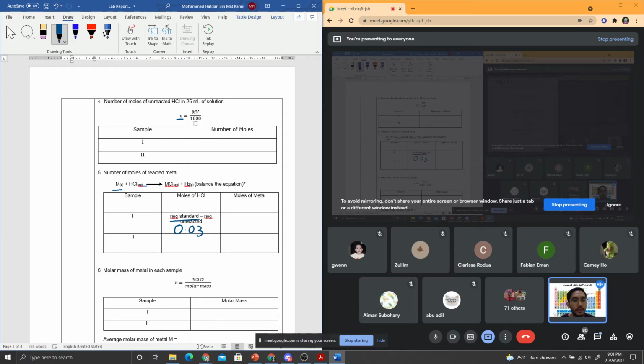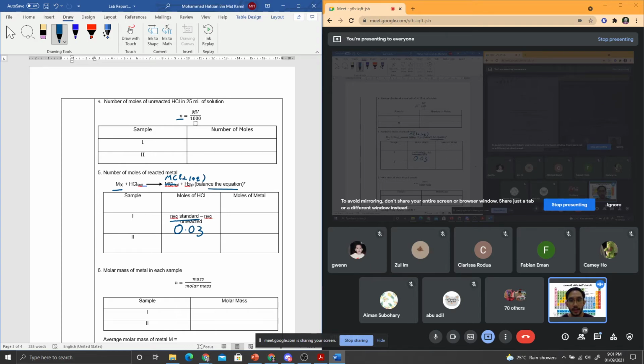Use stoichiometric comparison. So this one, sorry can you guys betulkan this one? Salah actually, it is MCl2 aqueous. Okay, tolong betulkan MCl2 aqueous. Okay, balancekan the equation, and then use stoichiometric comparison untuk cari.